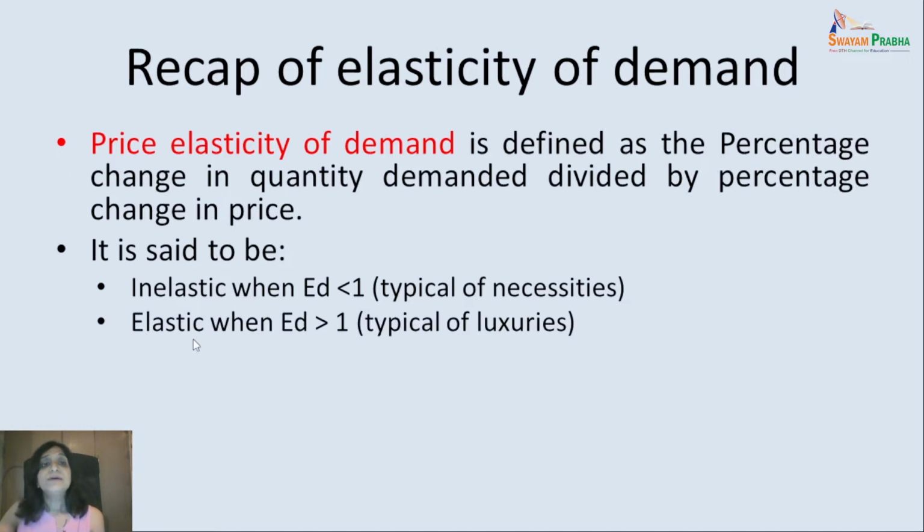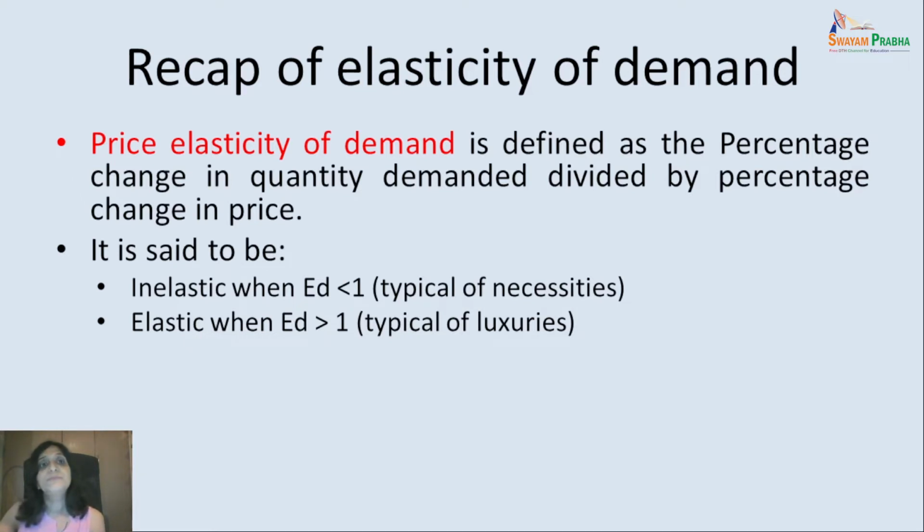Second was where your answer of elasticity of demand or price elasticity of demand, as they are synonymously called many times, your ED is greater than 1. And if your price elasticity of demand is greater than 1, we say it is elastic, meaning the percentage change in quantity demanded is greater than the percentage change in price.